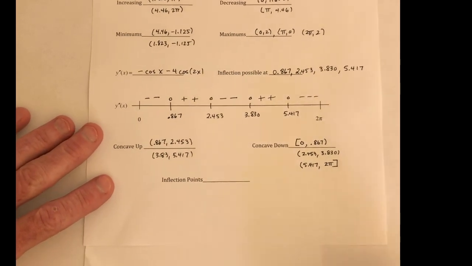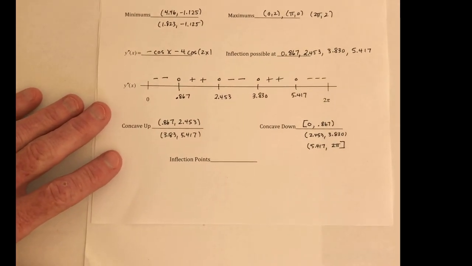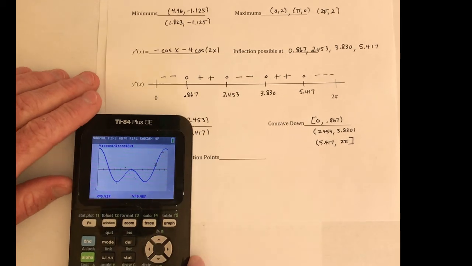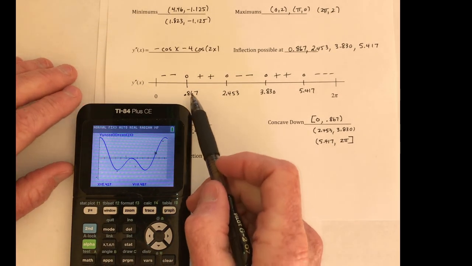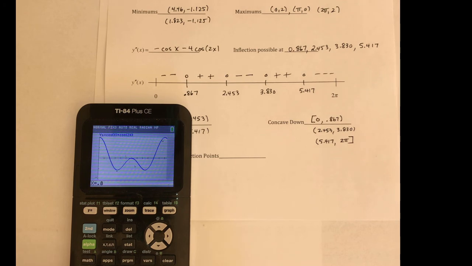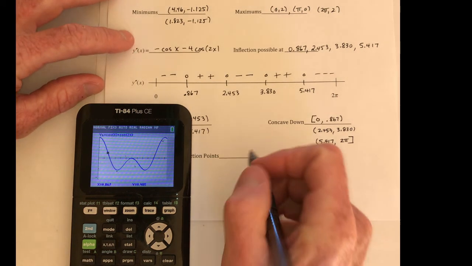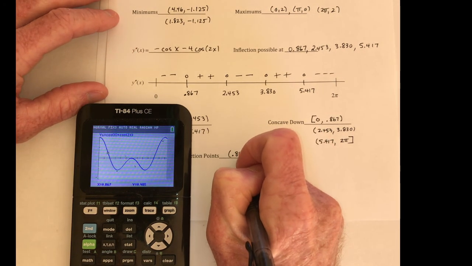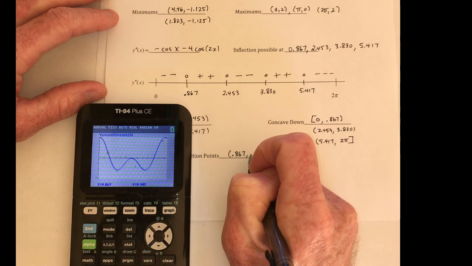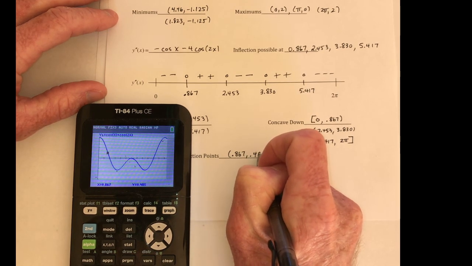And now finally, what are the actual points? That just comes from plugging in these x values. So 0.867 comma 0.485.